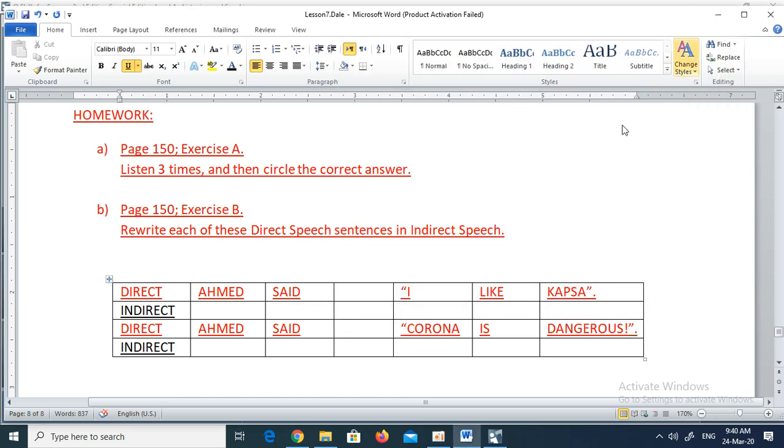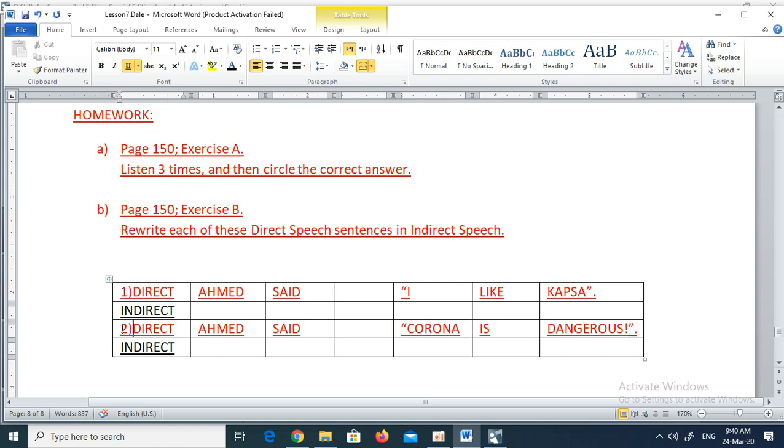In the first one, in direct speech, Ahmed said, "I like Kapsa." So his words in direct speech were, "I like Kapsa."